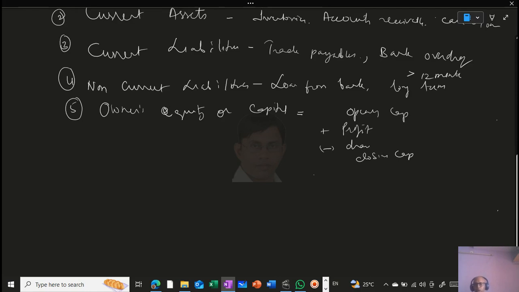So you have to write the trader's name, then write statement of financial position as at whatever date it is. Then particulars, then dollars. You have to write the specific date.